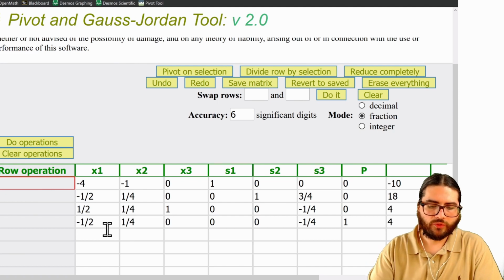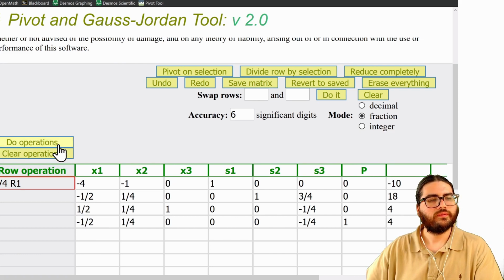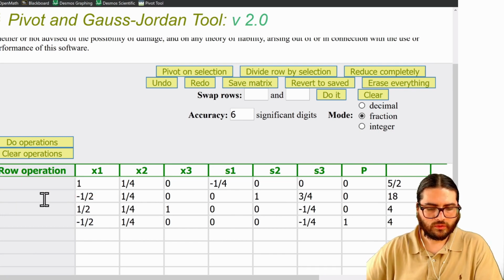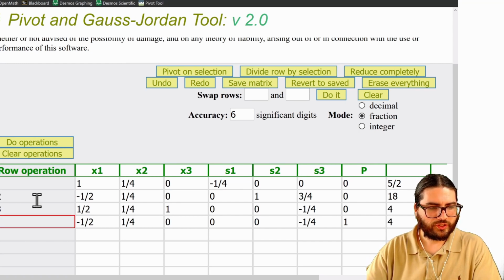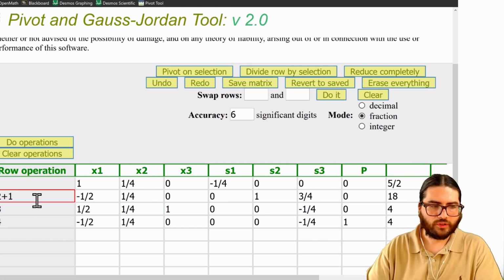To make that negative 4 into a positive 1, I need a negative 1 over 4. And then to make all the rest of these zero, row 2 changes, row 3 changes, row 4 changes. I need a positive 1/2 to cancel a negative 1/2.